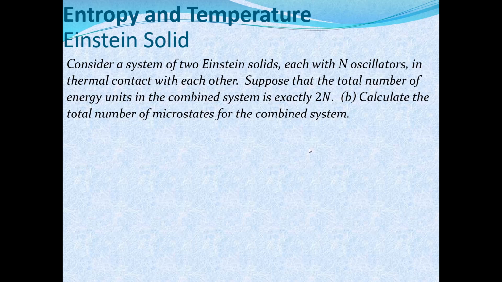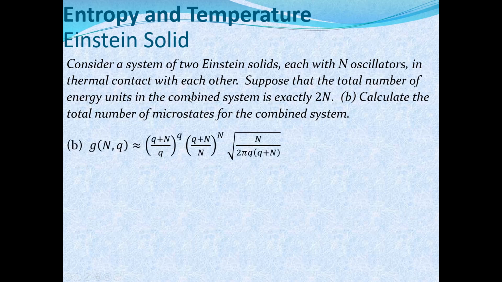All right, so they want us to calculate the total number of microstates available. So we can use our approximation, since we're going to assume that the number n is an extremely large number, and we won't really be able to simplify that factorial equation. So we end up getting this.